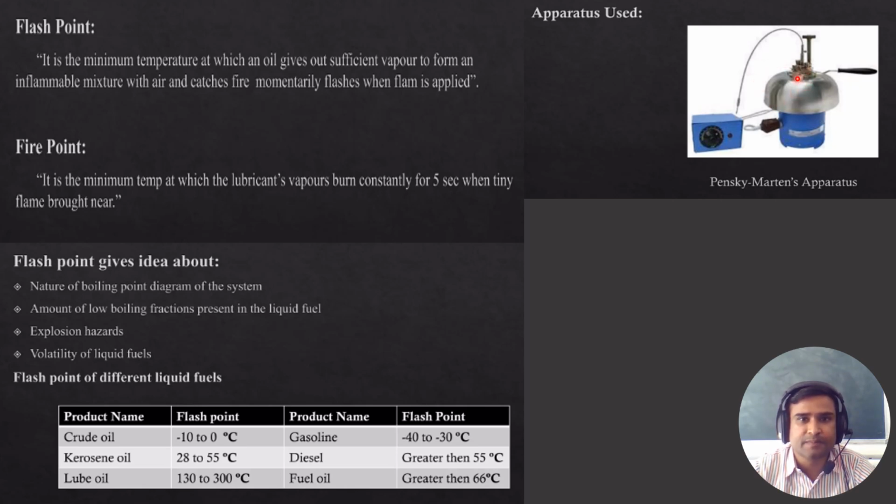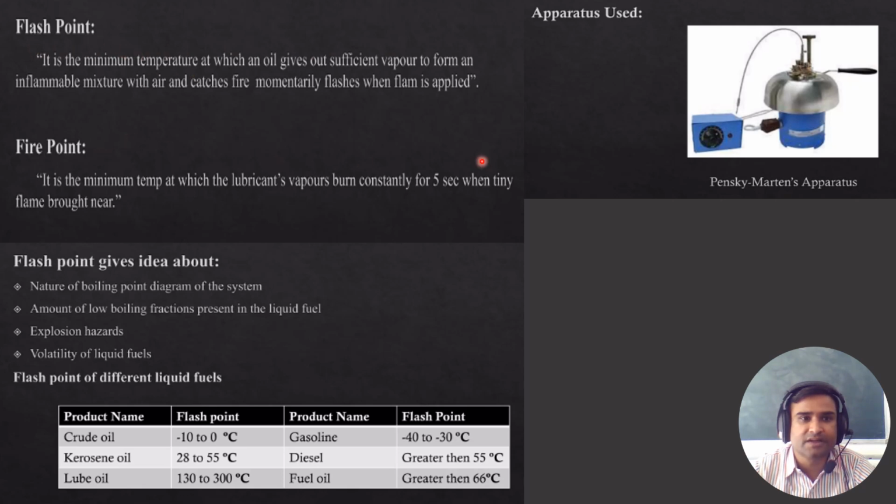Here we have a cup. We fill this cup with the fuel sample and we heat it with a heater, and then vapor of the fuel comes out, and when the flash appears, you note down this temperature from the thermometer. So this point is called the flash point.